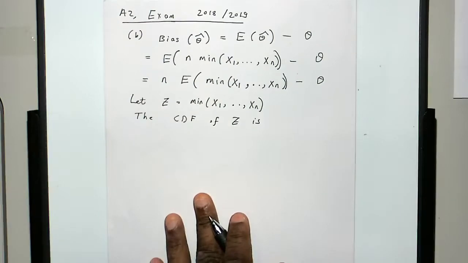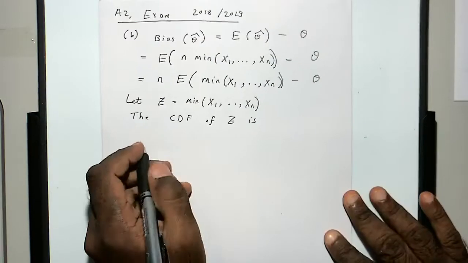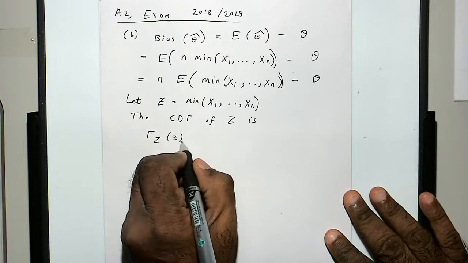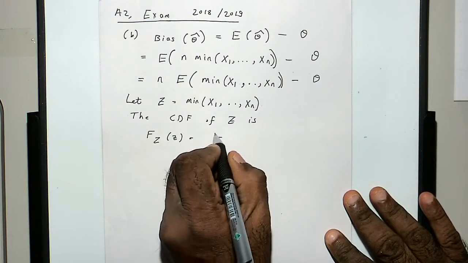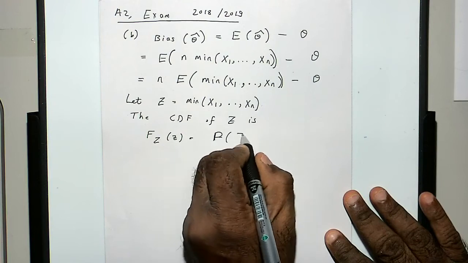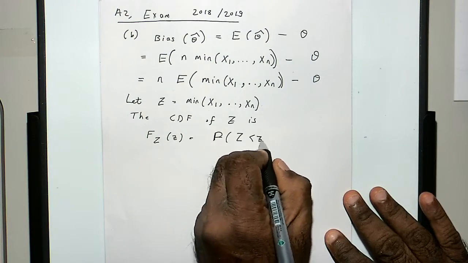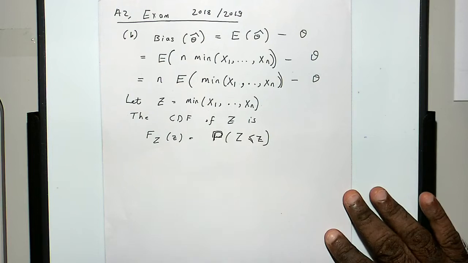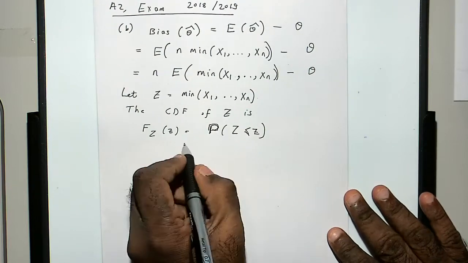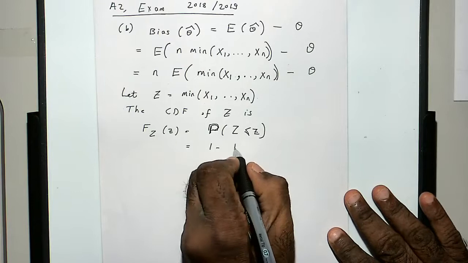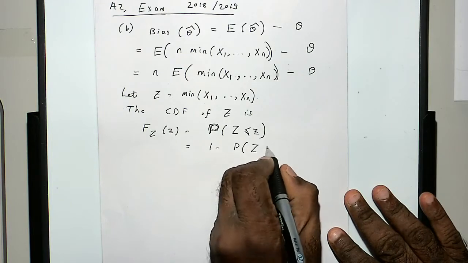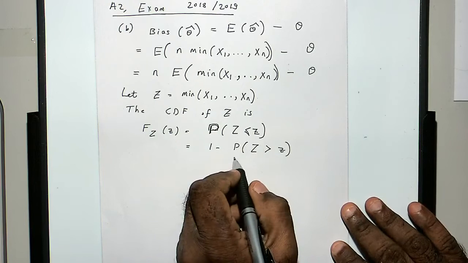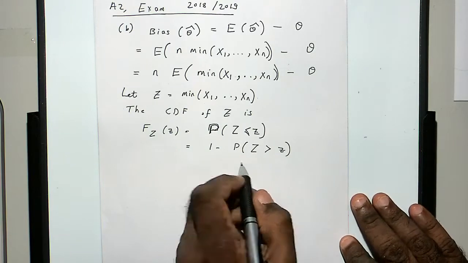The CDF of Z is going to be, okay, now I'm going to write this as 1 minus the probability that capital Z is greater than z.